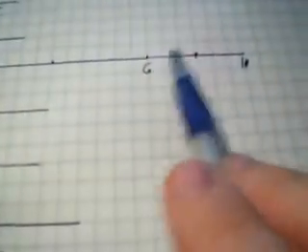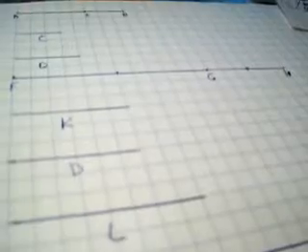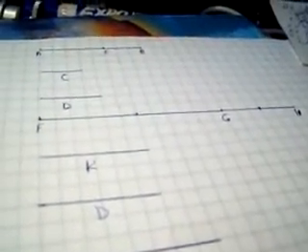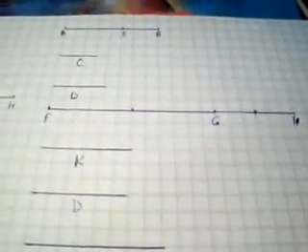Now then, GH is twice the length of EB, and GH is longer than D. This GH right here is longer than D. GH is twice the length of EB, FG is twice the length of AE, and K is twice the length of C. So, there's GH, and it is twice the length of BE.